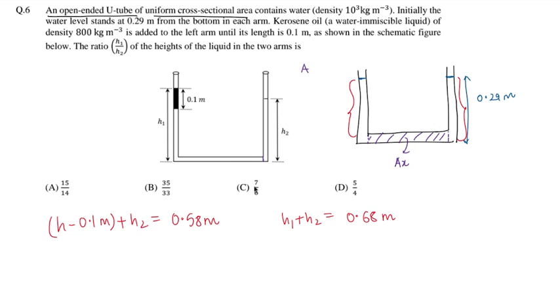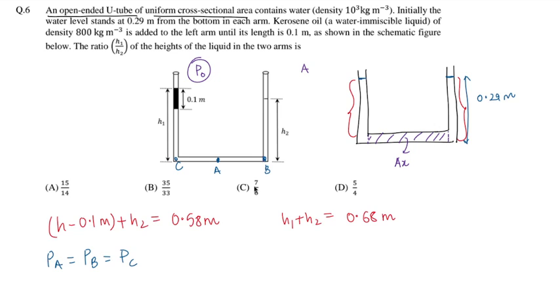So let's say that this point is point A, this is point B, and this is point C. Now, since these 3 points are on the same horizontal level, we can say that the pressure at A is equal to the pressure at B, and that is equal to the pressure at C. Now, let's write an expression for the pressure in terms of the atmospheric pressure, P naught. That might give us a new equation.